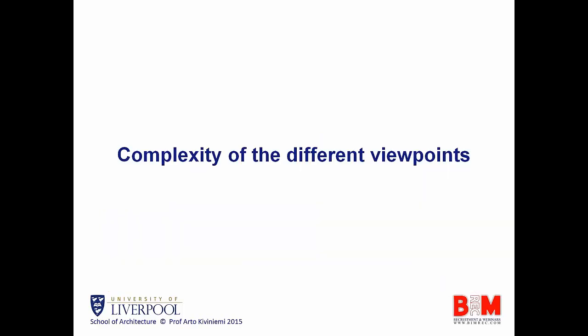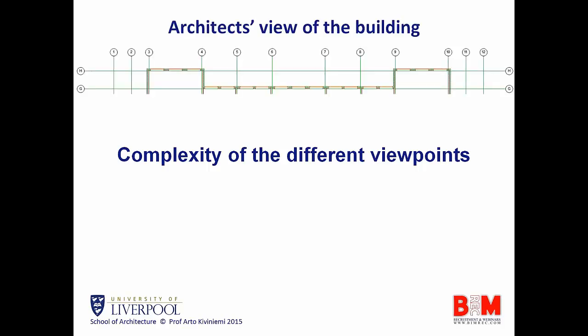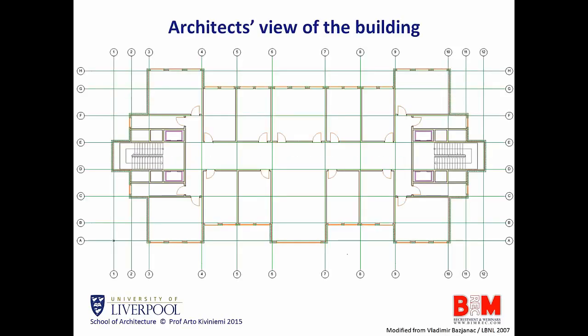It's also, I said that it's not a simple thing to make the common language, because if you think, just take a typical architectural view of the building. Of course, nowadays this is just a user interface to the model information, but still we have these building objects in the architectural model in a certain way. For example, the walls have dimensions.